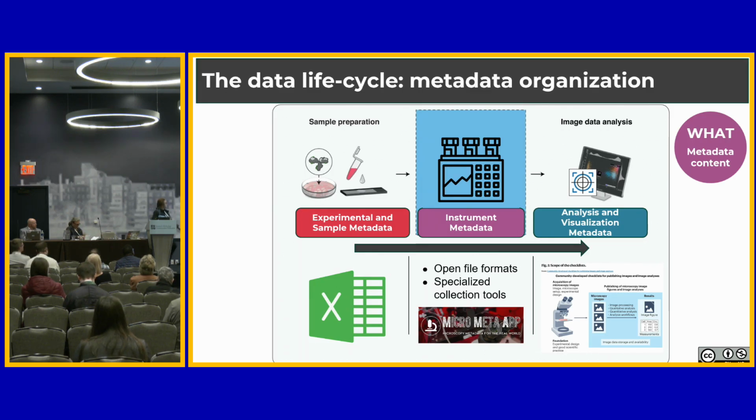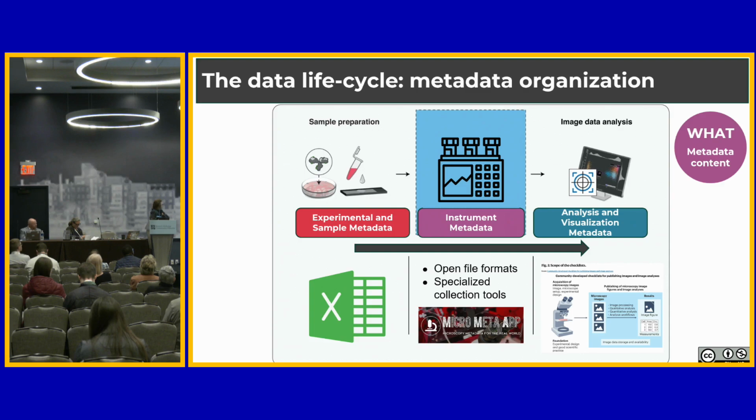One way of doing it is using spreadsheets, and this is especially important for experimental and sample metadata. For instrument metadata, sometimes, if there are well-done formats and standards, we can get the information from the headers of the files.